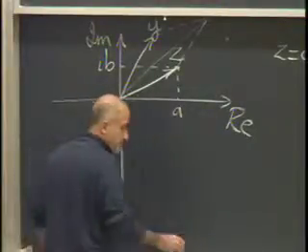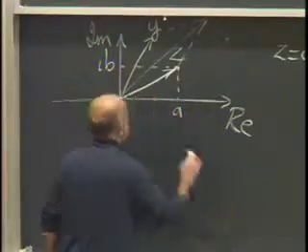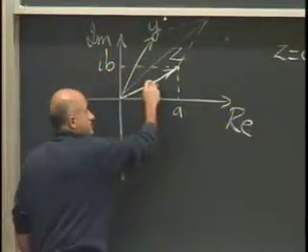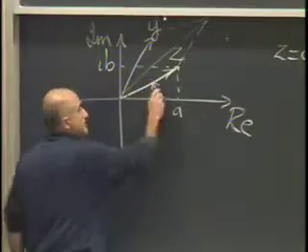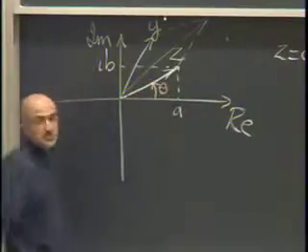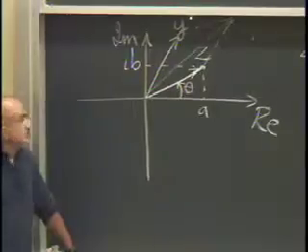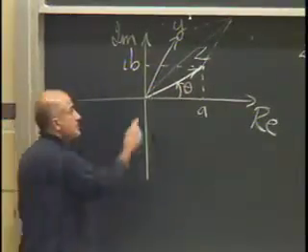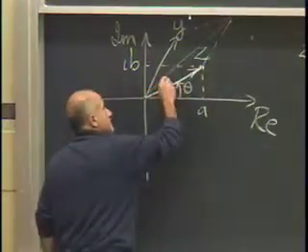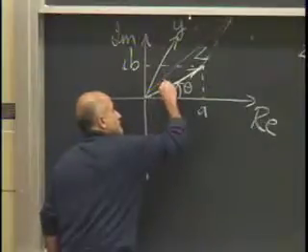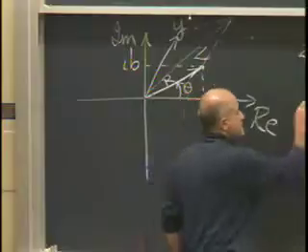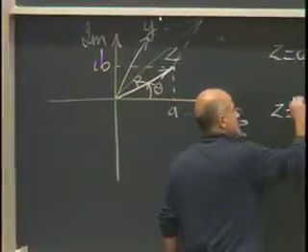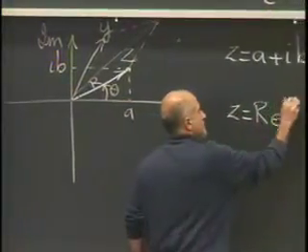Another interpretation is what we call the polar form. You look at the angle that the complex number z makes with the positive horizontal axis, the positive real axis, and you look at its length and call that capital R. So you write z as r e to the i theta.